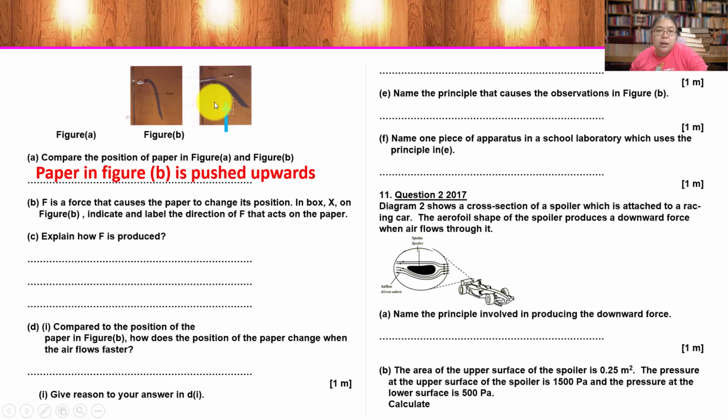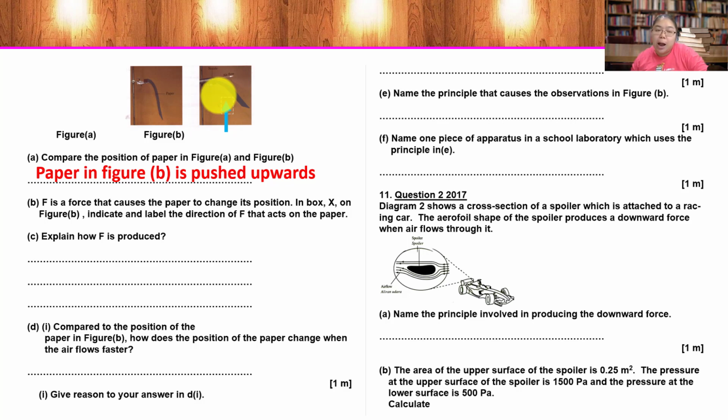That means below the paper is the normal atmospheric pressure, which becomes bigger in comparison. We cannot create high pressure, we just create one part with low pressure. So the other pressure becomes higher. The higher pressure will push, producing the force to push the paper up.